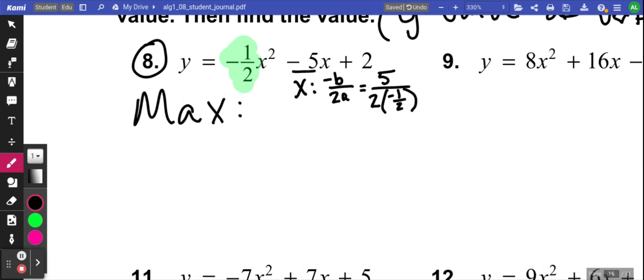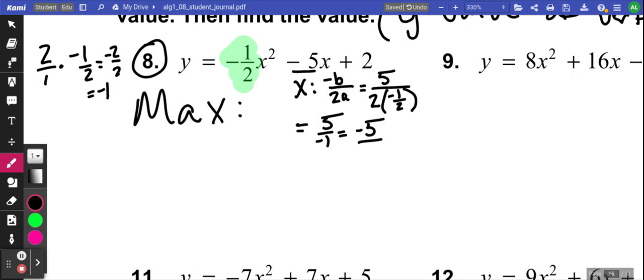This looks a little ugly with a fraction over a fraction, but when we simplify it, it's going to be easier. 2 times negative 1/2 is going to cancel out and end up just being negative 1. If you wanted to do the math out, you could say 2 over 1 times negative 1 over 2, and we get negative 2 over 2, which is negative 1. So this is going to be 5 over negative 1, which is just negative 5.